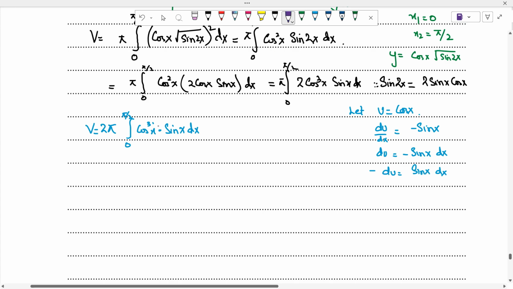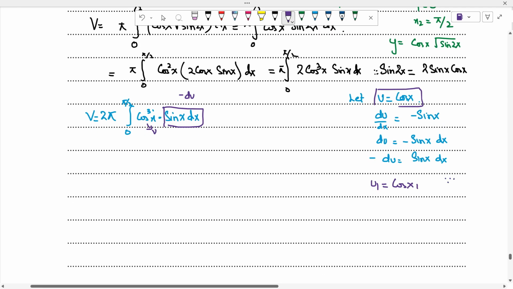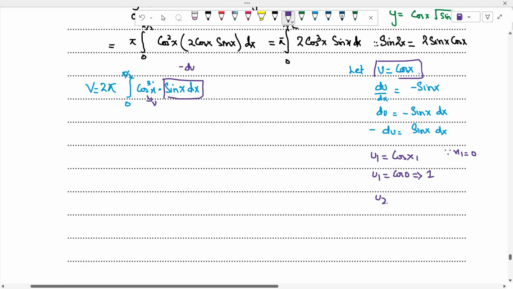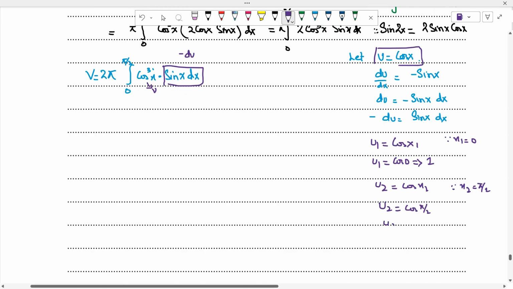So this is the negative du, and u is equal to cos x. The limits have x values. u1 is equal to cos of x1, which in this case x1 is equal to 0. So u1 is equal to cos of 0, which is equal to 1, and u2 is equal to cos of x2, and in this case x2 is pi by 2. So we will have u2 is equal to cos of pi by 2, which is equal to 0.